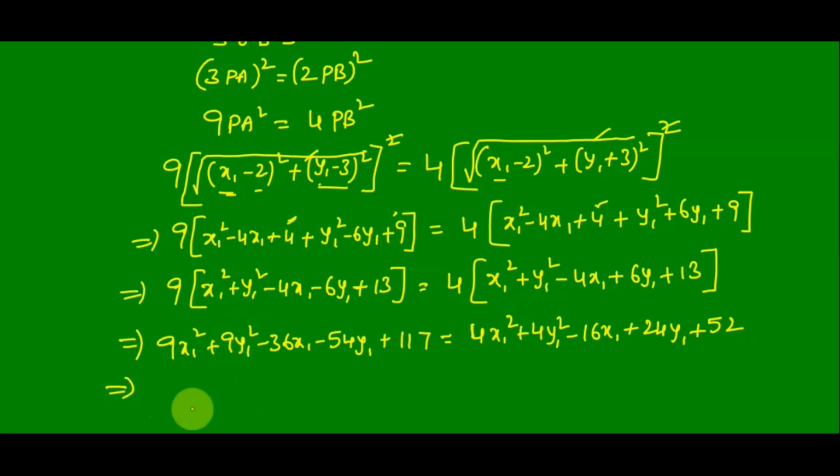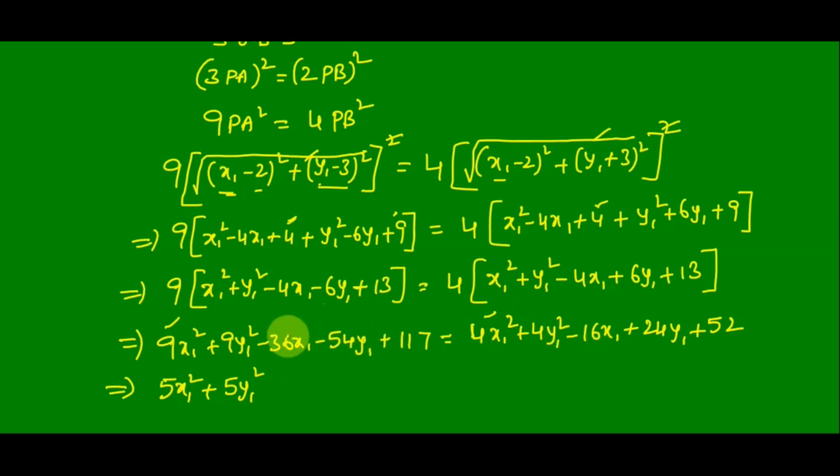If I bring all to one side, this is already 9x1 square plus 9y1 square. When this 4x1 square comes to this side, it will become minus 4x1 square. So 9x1 square minus 4x1 square is 5x1 square. Similarly, y1 square also the same: here 9, when this 4 comes to this side, minus 4y1 square. So this one also becomes 5y1 square.